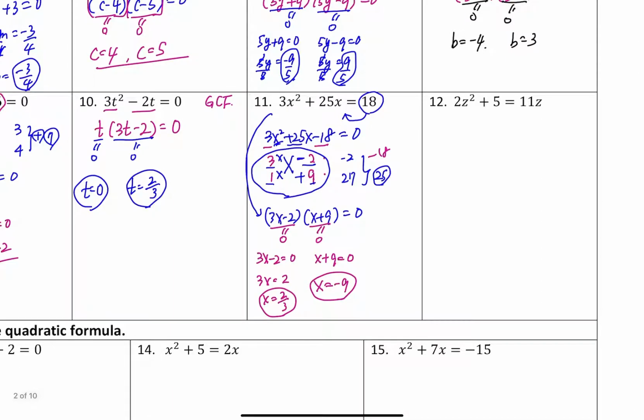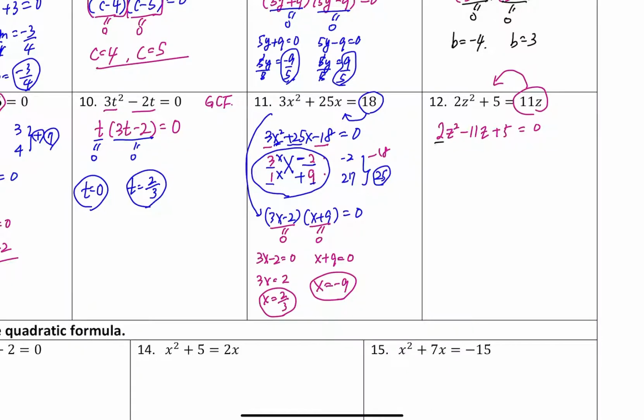Number 12. Yeah, this is also a quadratic trinomial. To use factoring way, we need to move linear term to the other side. So 2z squared minus 11z plus 5 equals 0.